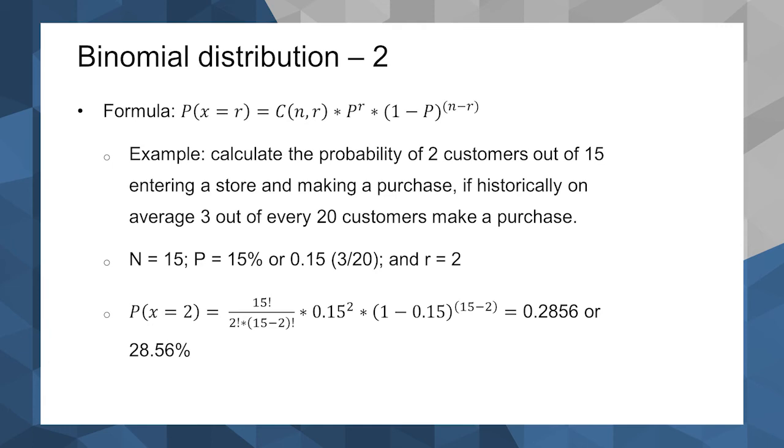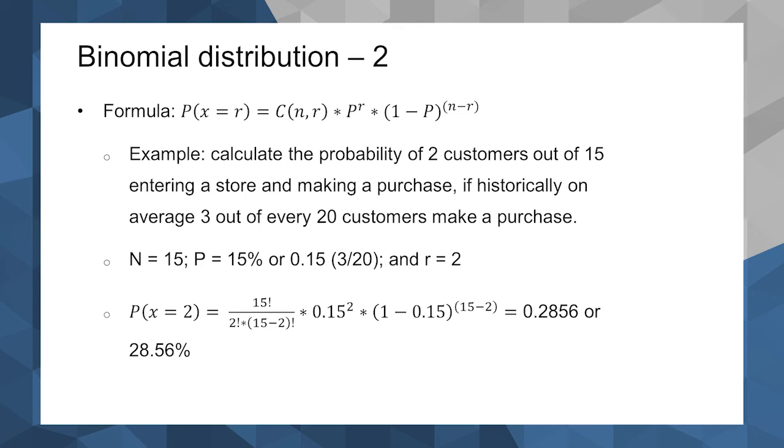To calculate the probability of x being equal to r, where r is the number of successes, we do the combinations of n into r times the probability of success to the power of the number of successes we are trying to calculate the probability of, multiplied by 1 minus the probability of success to the power of number of trials minus number of successes.